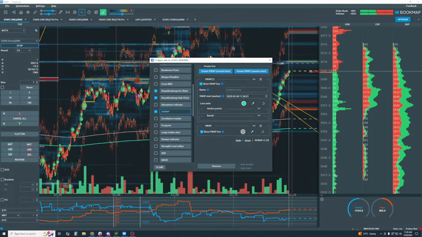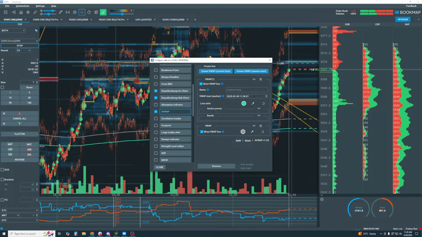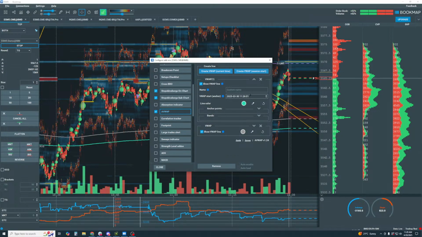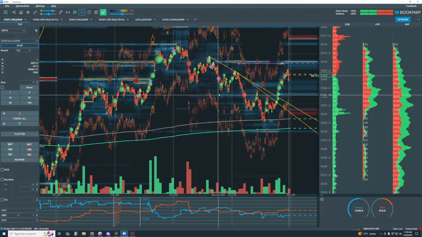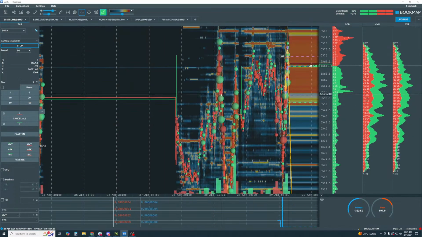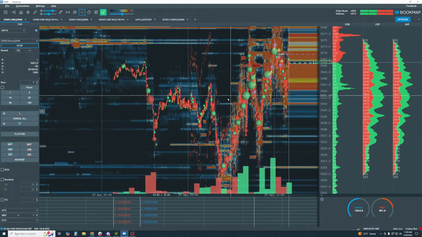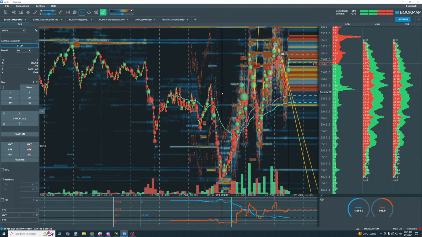Now, I started it at the session beginning of the data that I have in here. Or you can see, like, from the 30th of March. So this is going to include everything. If I zoom out, this is where this one started.